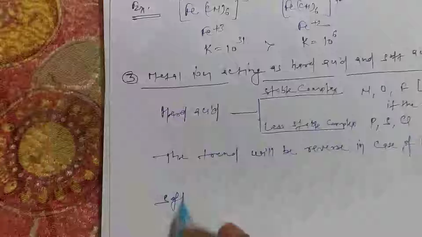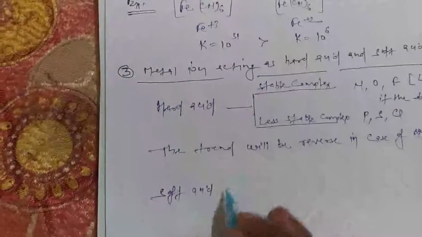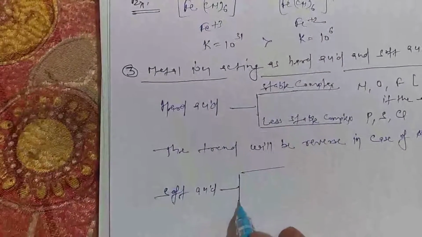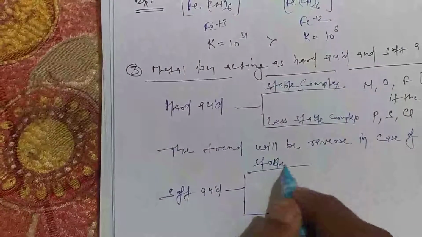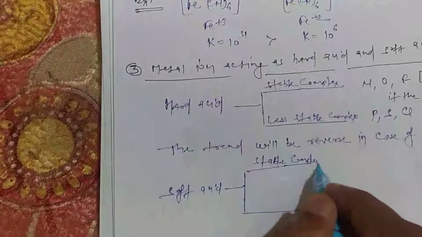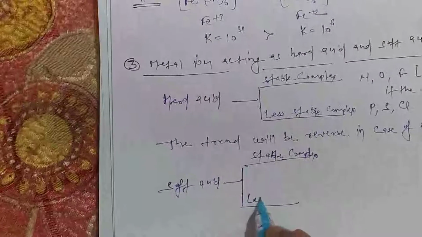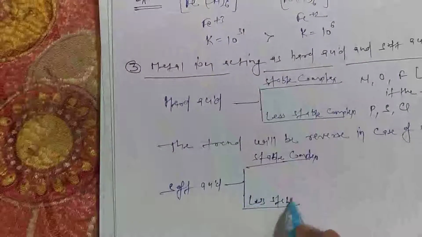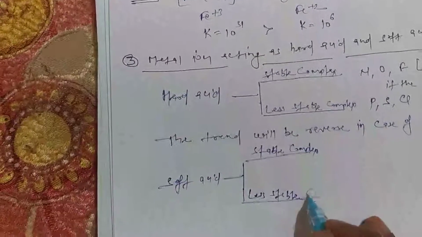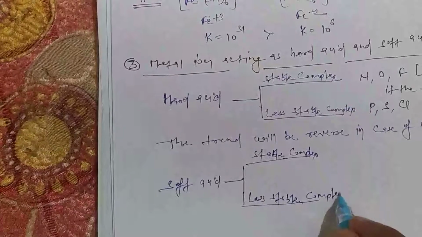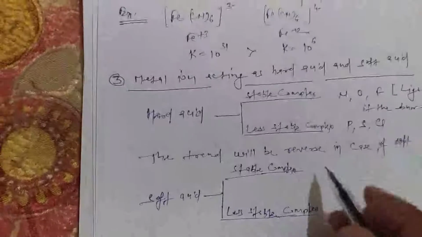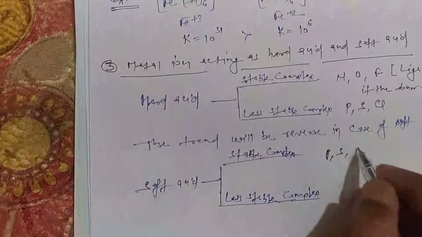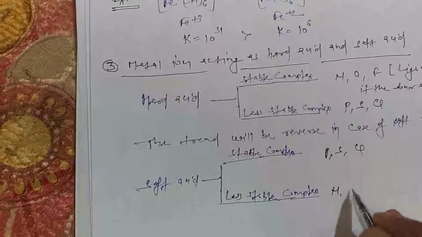So the soft acid will form a stable complex and a less stable complex. The sites are simply reversed.